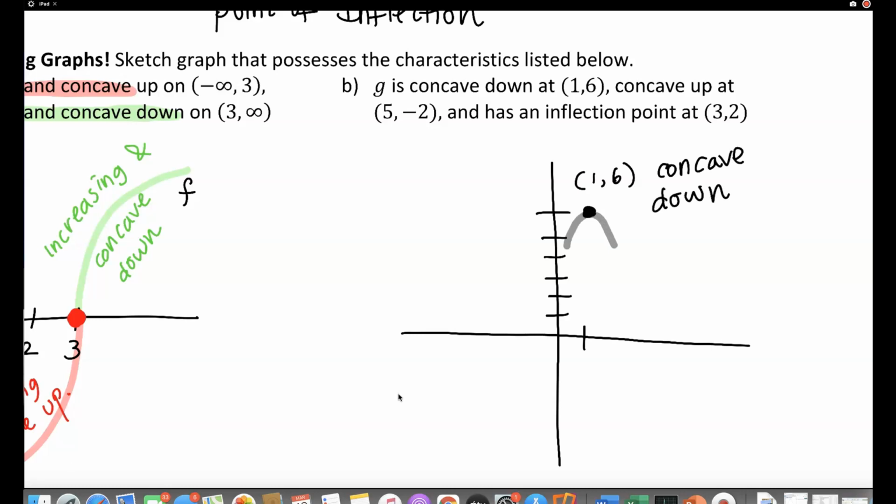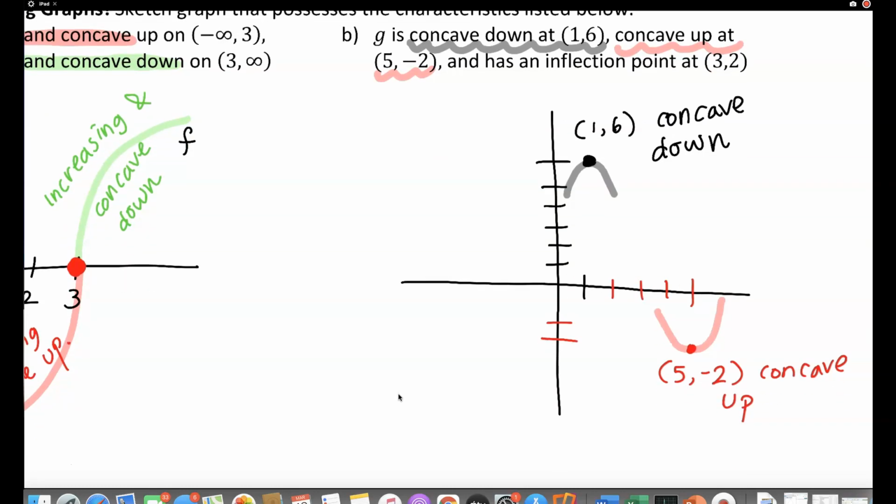Now what else? The next part is concave up at (5, -2). So 1, 2, 3, 4, 5, down 2. This is a point where the graph is concave up, which means I'll have a smiling face right here like that.